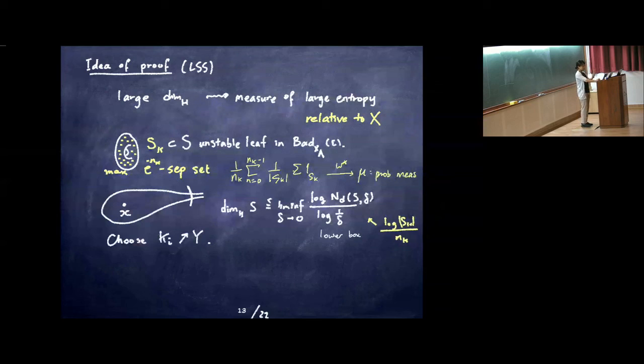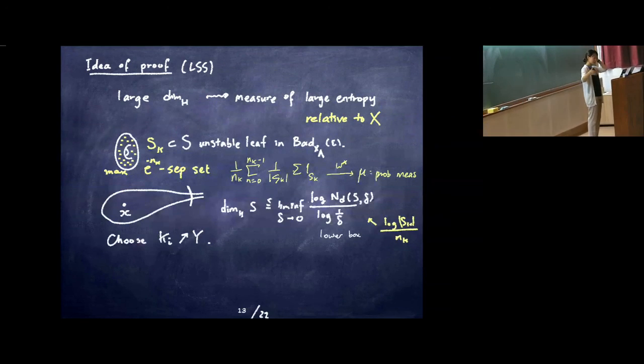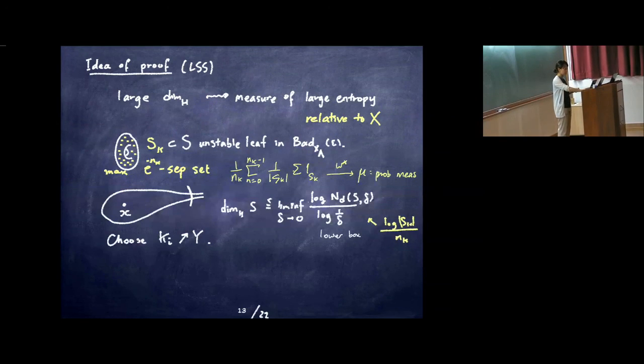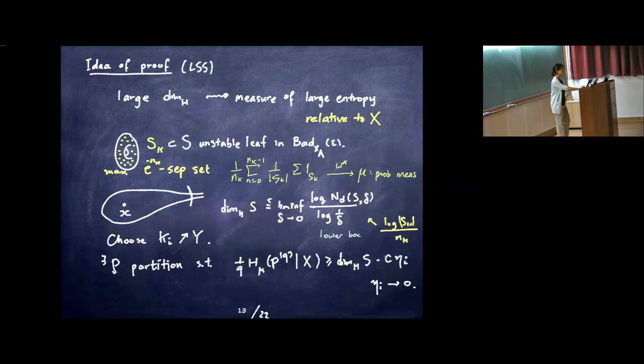So now we choose an increasing sequence of compact sets exhausting Y. Then we can find some partition such that this relative entropy is bounded below by the Hausdorff dimension of S minus C times some eta_i.